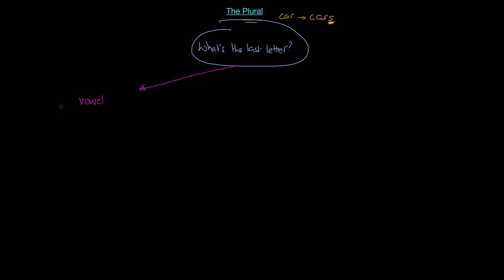So how do we do the plural in Spanish? What we need to look at is the last letter of the word, and that is going to tell us how to do the plural. If the last letter is a vowel, A, E, I, O, U, any of these, I'm just going to add an S, like you do in cars.